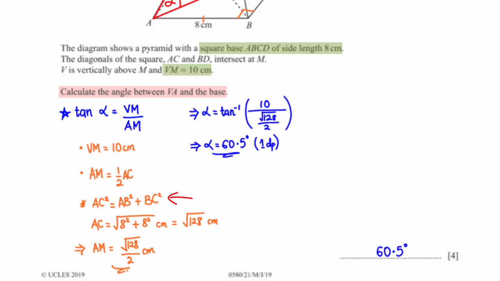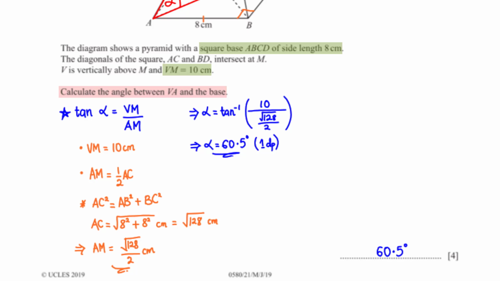And so we have AC squared is equal to AB squared plus BC squared. When we slot in the values of these lengths, we have AC is equal to the square root of 8 squared plus 8 squared centimeters, and that gives us square root of 128 centimeters. Remember that we are interested in finding AM, and so AM is equal to the square root of 128 divided by 2 centimeters.